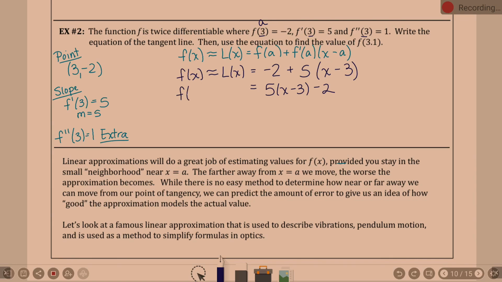And you guys know enough at this point in your math careers that you can reorder things. You don't have to write it exactly in their order. I see people that put the minus 2 last. I see people that put the minus 2 first. Your pick. So what we have right here, that is your equation of the tangent line, right? We took the slope and the point. We wrote the equation of the tangent line.